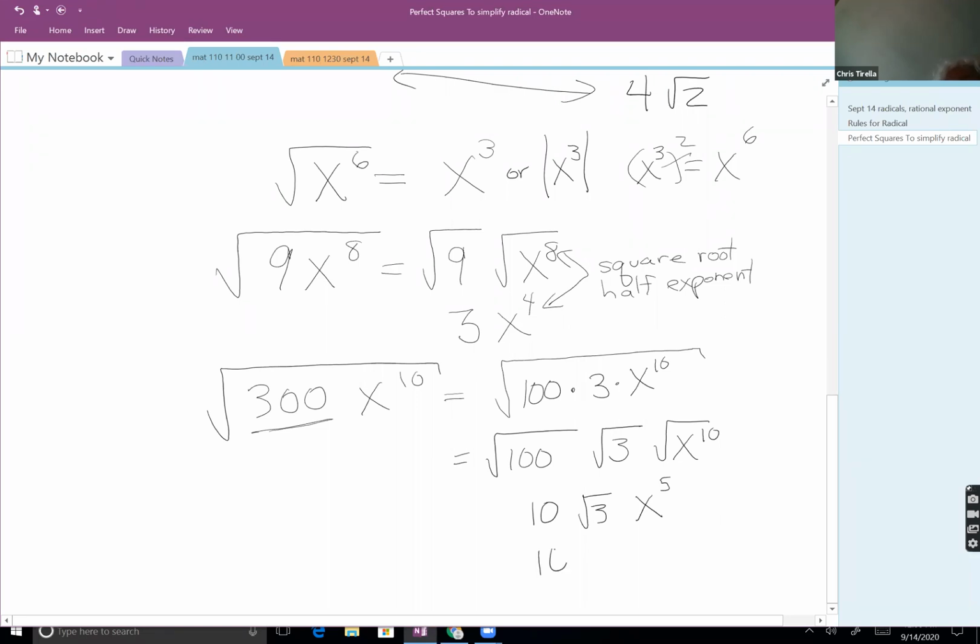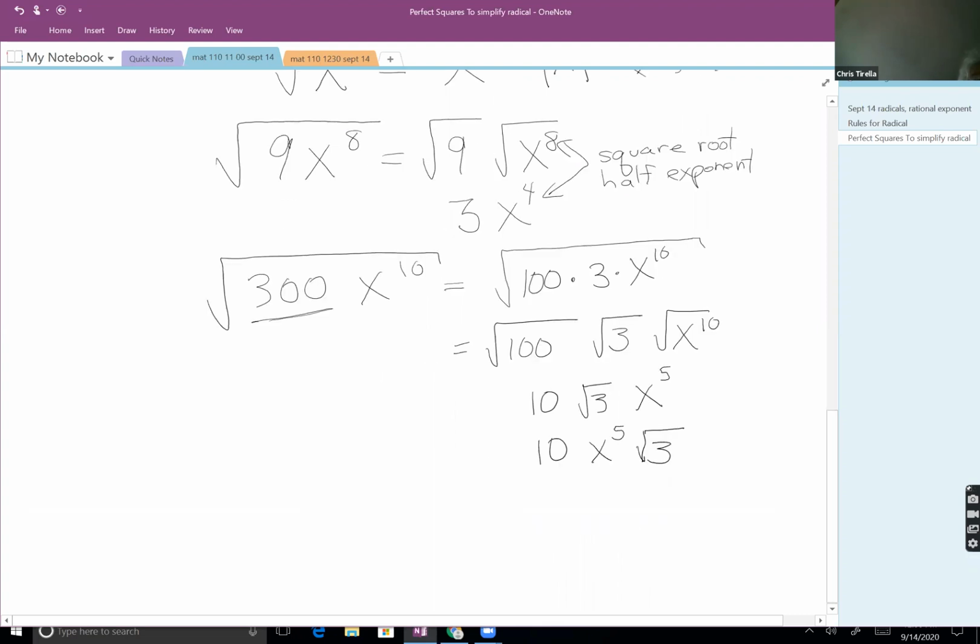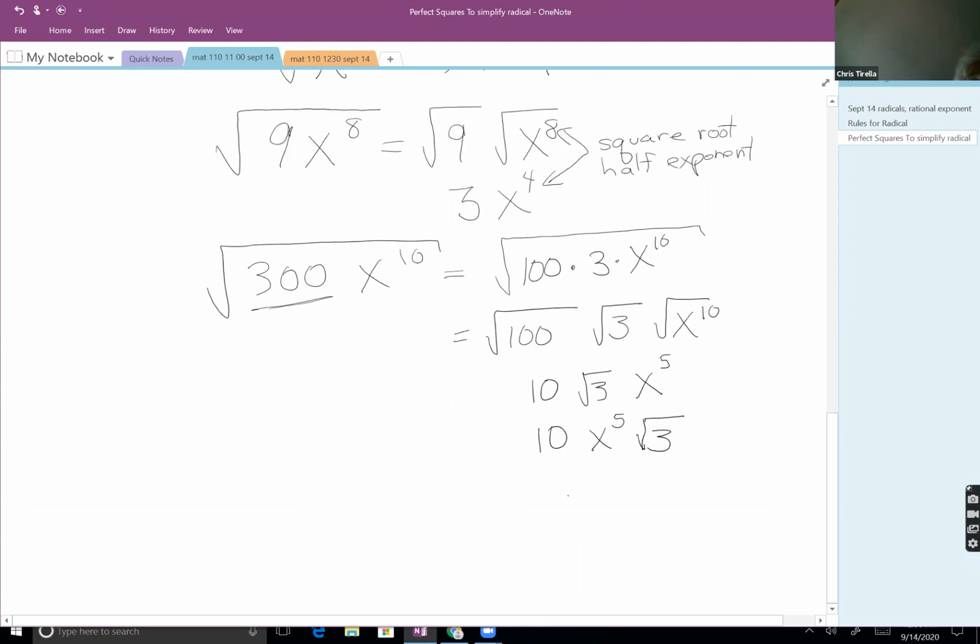It's most normal to write things that are not underneath the radical in front. And again, because that 5 is an odd exponent, I think that in my math lab, if they don't like it written that way, put that x to the 5th in an absolute value.